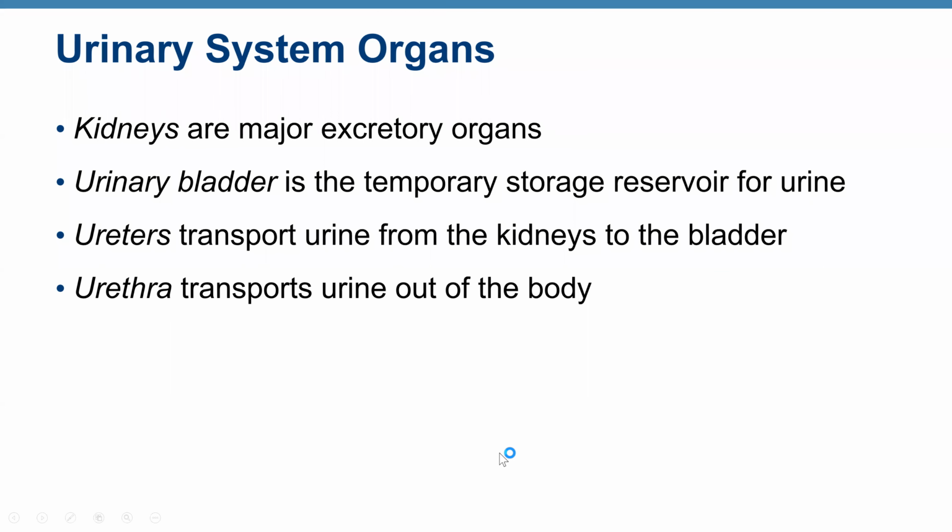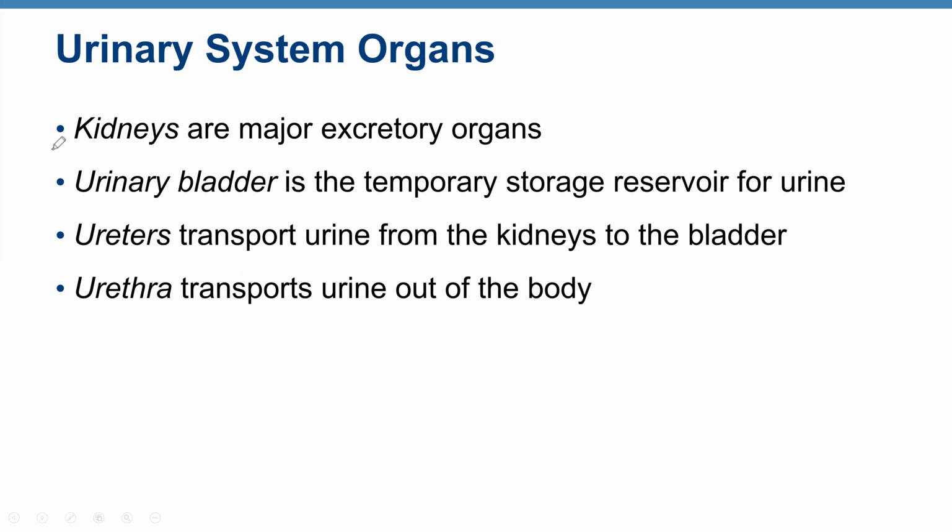Organs of the urinary system include kidneys, which are the major excretory organs, and organs that assist kidneys in their function.